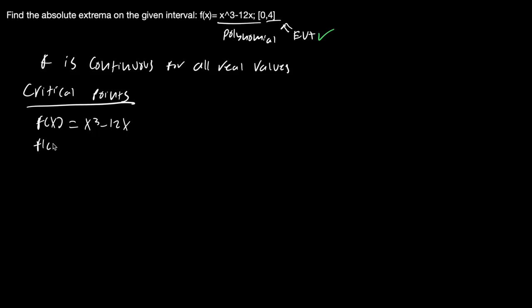So our derivative using power rule is 3x squared minus 12. This isn't undefined anywhere, so we're not gonna have to worry about critical points at undefined values. So we're just gonna set this equal to 0 now. Do some algebra.